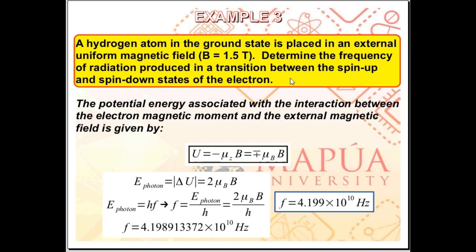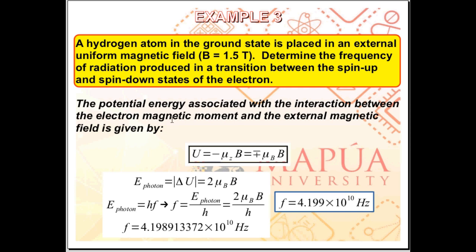You have Ms equal to 1 half and Ms equal to negative 1 half, so spin up and then spin down. If there is radiation produced from the spin up state to the spin down state, what is the frequency of that radiation? In other words, what is the frequency of the light emitted when the electron transitions from spin up to spin down?